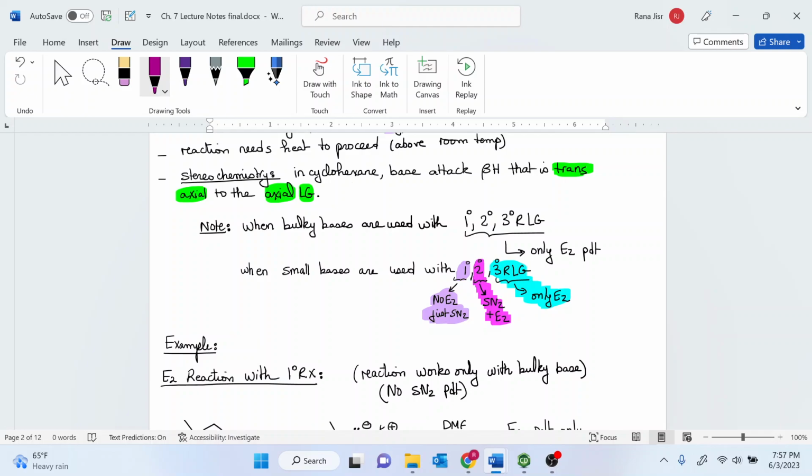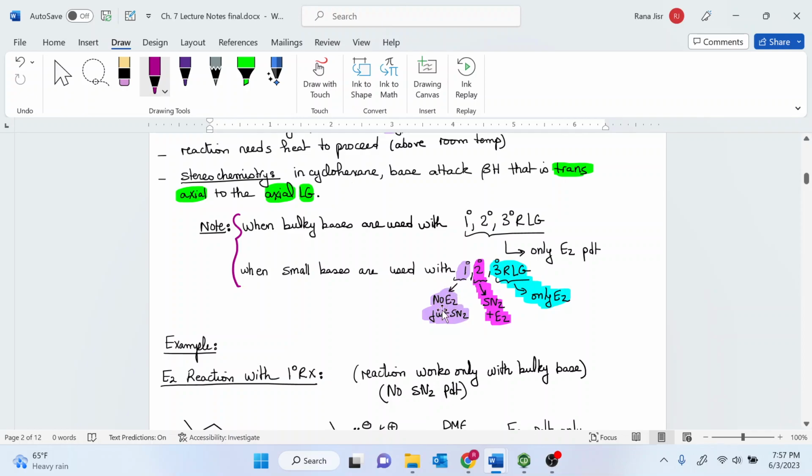So as a summary, bulky bases work with all types of alkyl halides, and bulky bases only proceed by E2 elimination. Now, for small bases, you have to pay attention that the reaction will never happen with primary alkyl halide.